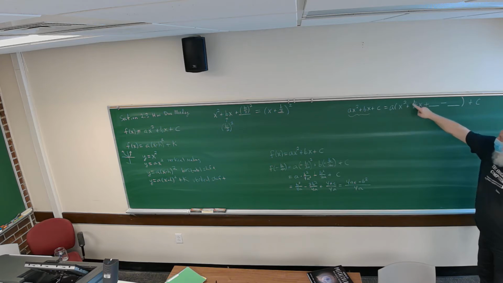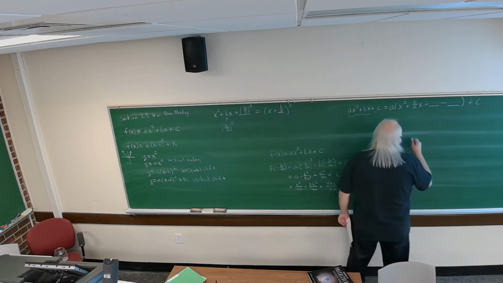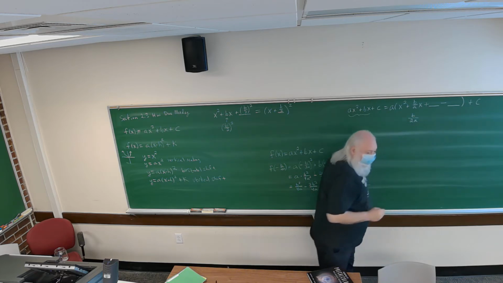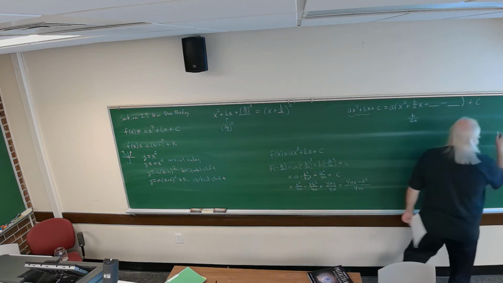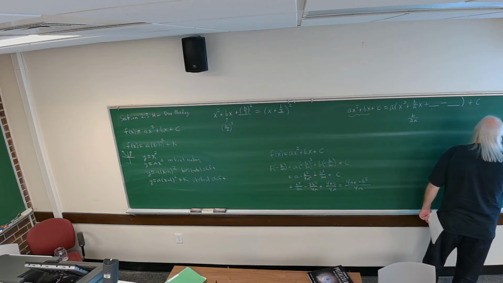We're going to take this number in front of the x, divide it by 2, and then square it. You know that division by 2 and multiplication by 1/2 are the same thing. So dividing b over a by 2 is the same as 1/2 times b over a.